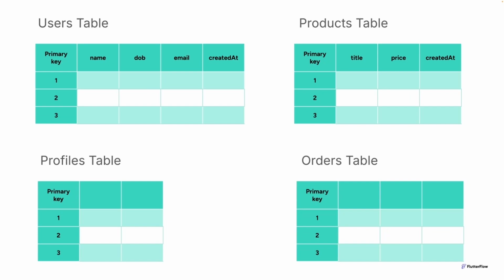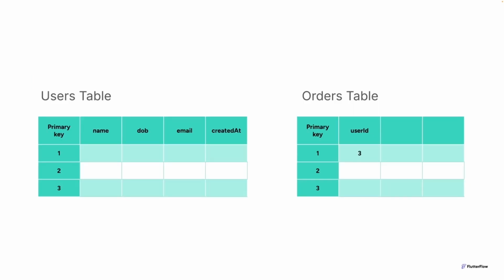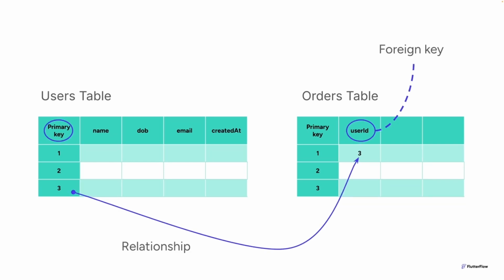Let's take a look at the relationship concept. One of the key strengths of SQL databases is their ability to manage relationships between different data sets. Imagine you have two tables, one for customers and another for orders. For example, linking users to orders can prevent errors like assigning orders to non-existing users.